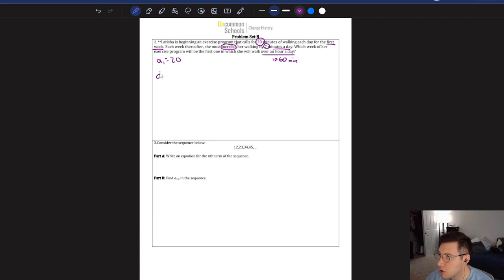And I also know that my common difference is going to end up being 7. It's that amount that we have to increase this every single week. And so if I go to create my equation, I'm going to have that a sub n is equal to 20 plus n minus 1 times 7.